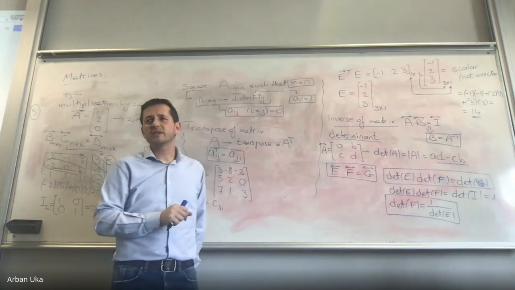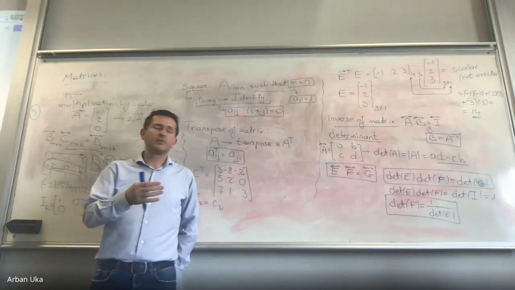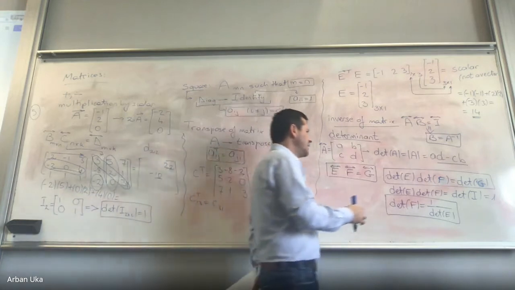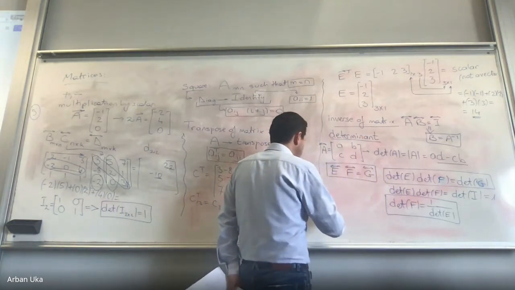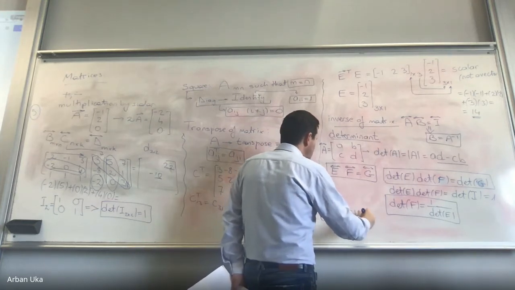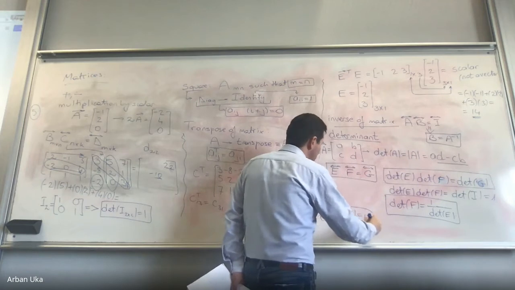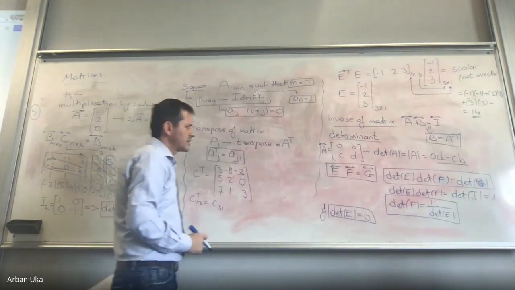So you might expect some crazy thing, something which is not very well defined, in case the determinant is equal to 0. Which means that if the determinant of a matrix E is 0, which can very often happen, then we call this matrix a singular matrix.